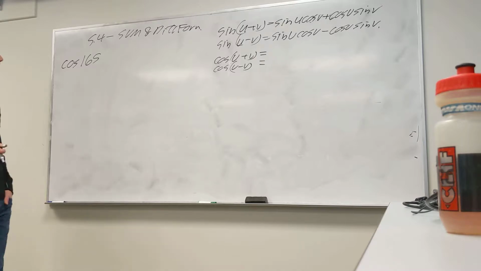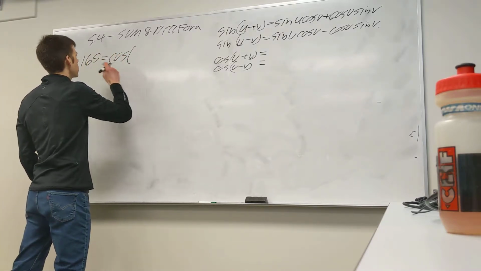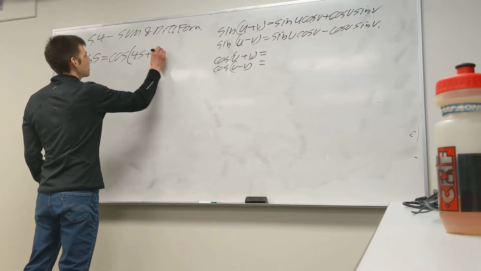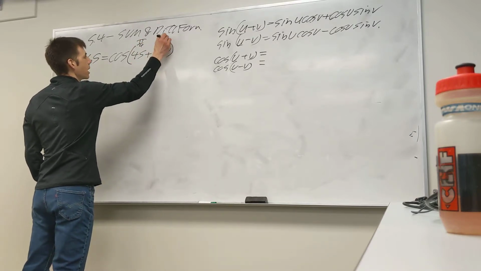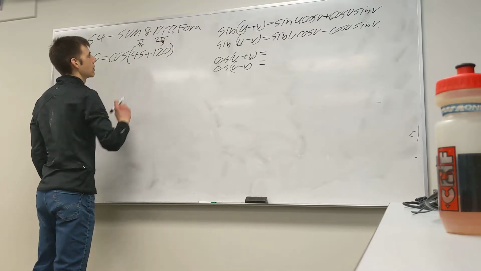So you split it apart so it fits. Yeah, so we can split this into the cosine of 45 plus 120, which is pi over 4 and 2 pi over 3, right?